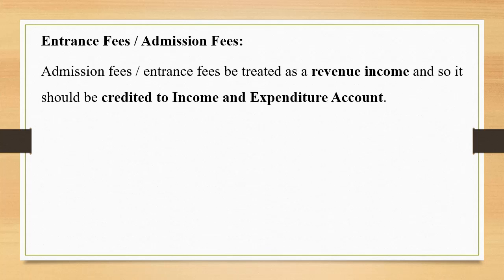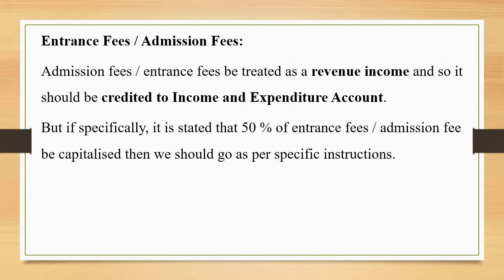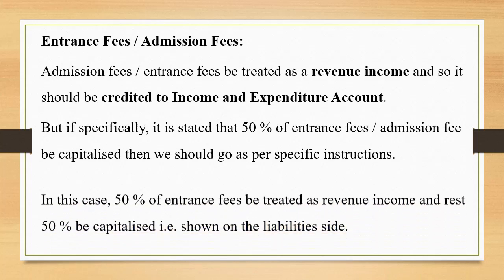Next is entrance fees or admission fees. Admission fees or entrance fees are to be treated as revenue income, and so should be credited to income and expenditure account. But if it is specifically stated that some amount of entrance fees or admission fees is to be capitalized, then we need to follow the instructions.